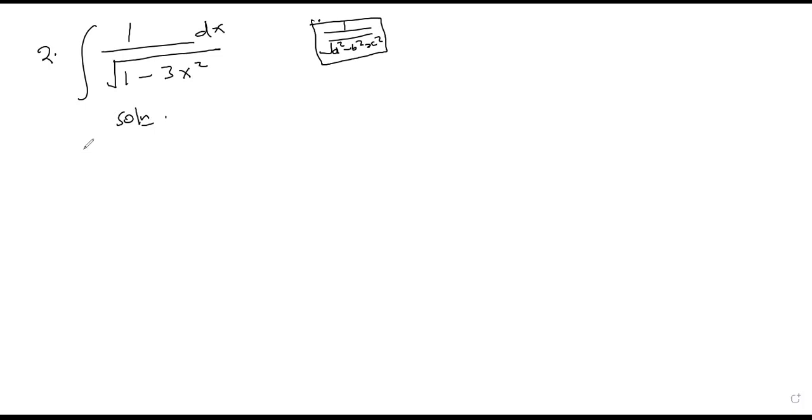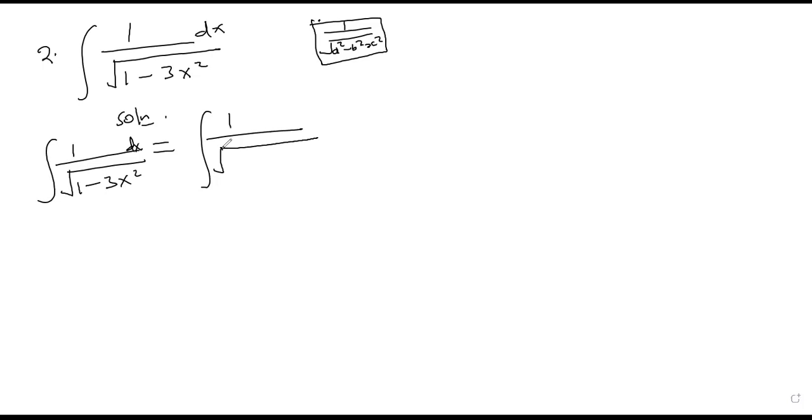So in this case, allow me to say that the integral of 1 over root 1 minus 3x squared dx is the same as the integral of 1 over root, right? Then I say 1 minus.